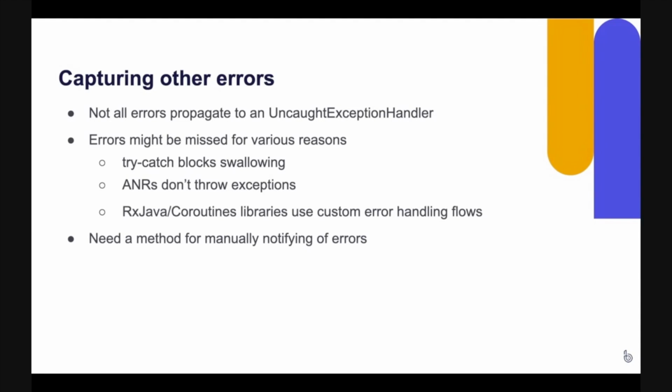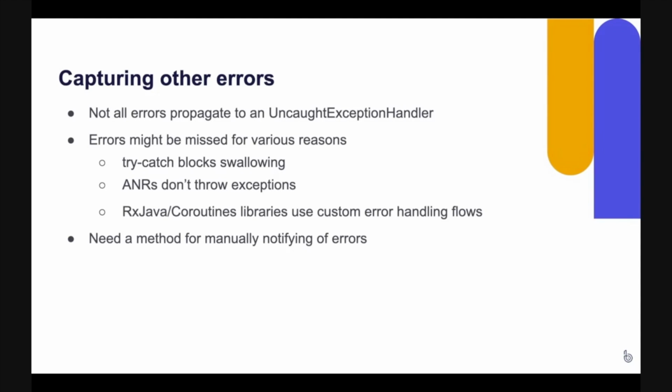You've also got some interesting ones like ANRs, application not responding. They don't actually throw exceptions, but they still really impact the user. Because if your main thread is blocked for about 5 seconds and the user notices that, they could kill your app and you might never know about that otherwise. And finally, there are a few other libraries such as RxJava and Kotlin coroutines, which use some custom error handling flows.